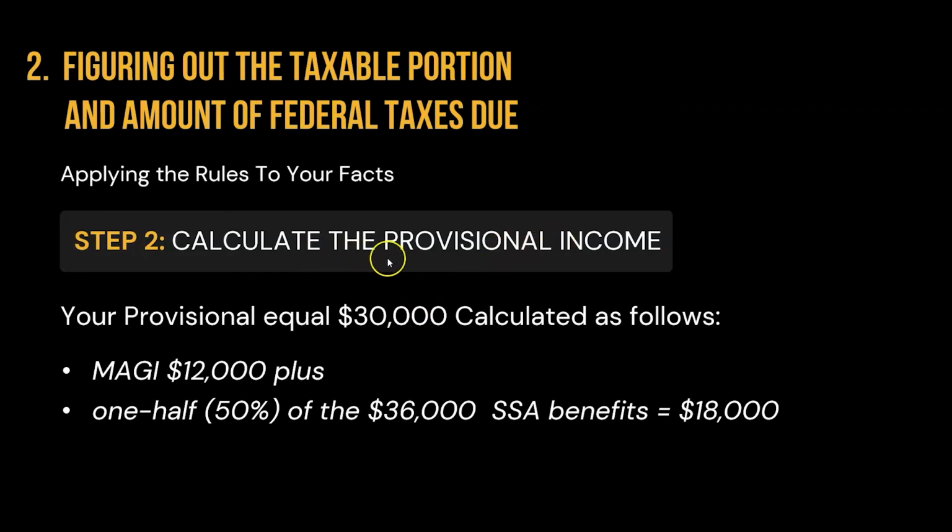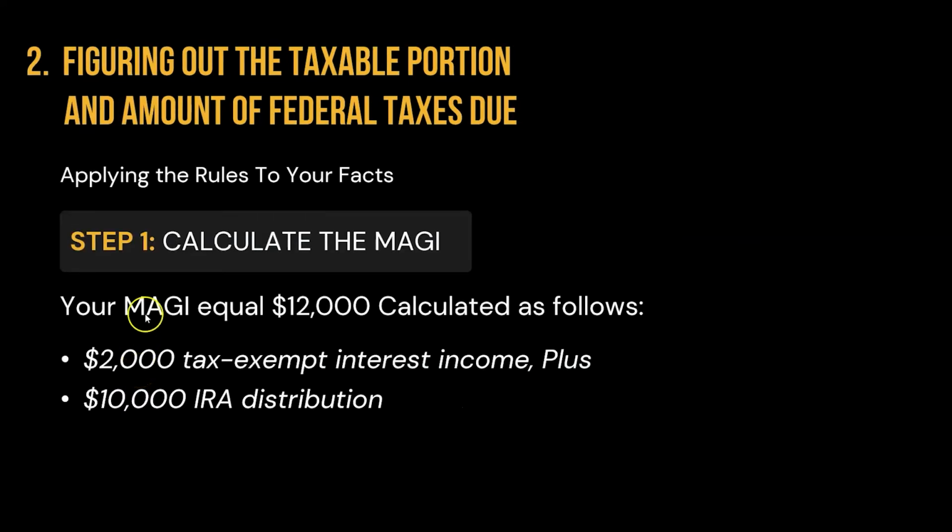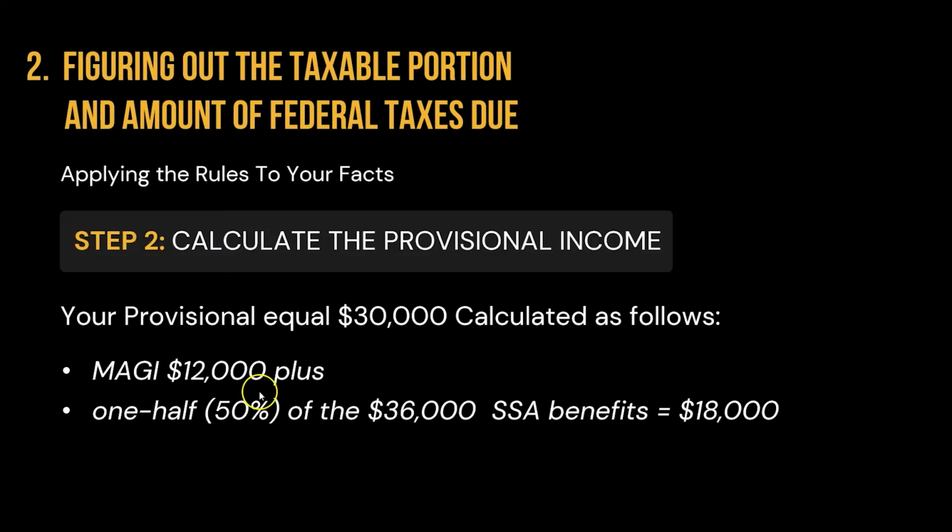So step 2, you have to calculate your provisional income, which we've done here. Step 1, remember, we have to know our MAGI. So we got to figure out our MAGI here, and then we moved on to step 2, calculating our provisional income. So your provisional income is basically going to be your MAGI plus 50% of the 36,000 SSA benefit you receive, bringing your provisional income total to be 30,000.